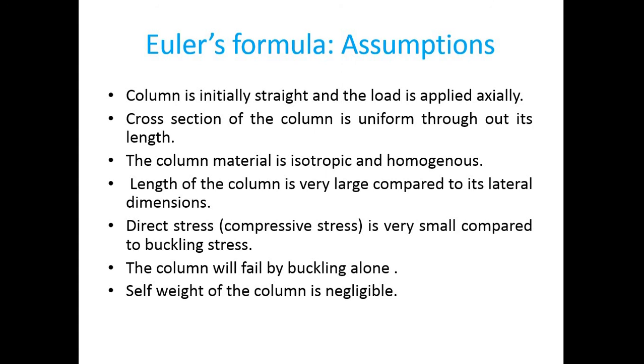The third one is the column material is isotropic and homogeneous. Length of the column is very large compared to its lateral dimensions. Direct stress or compressive stress is very small compared to buckling stress. The column will fail by buckling alone. And the last assumption is self-weight of the column is negligible.